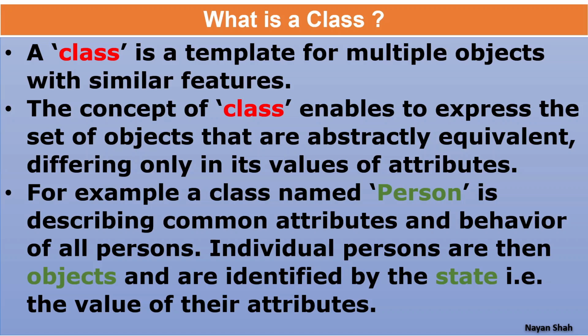It's just a template for creating multiple objects with similar features. Let's take an example. A class is like my notes about computer. So that's a class. Now I give it to students and a student takes a photocopy of those notes. All those photocopies are known as objects. So class and object.